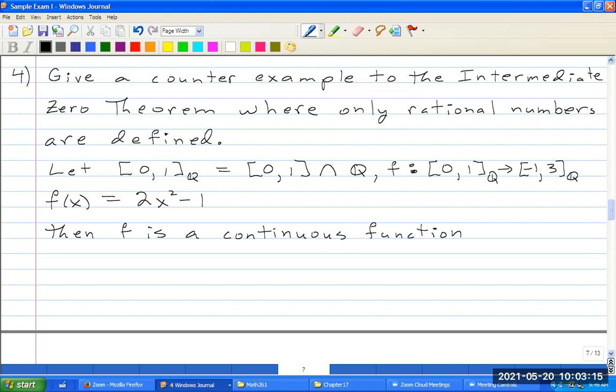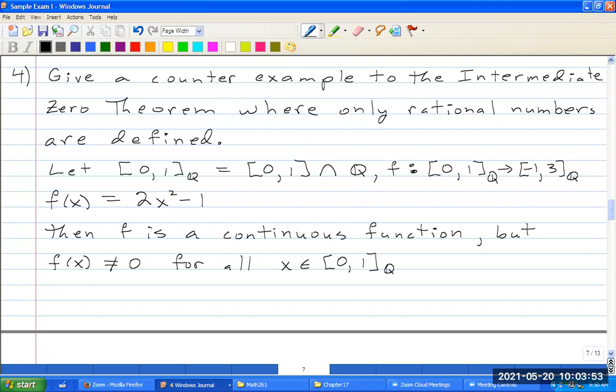However, this function is never zero. f of x is not equal to 0 for all x in this closed interval. It's 0 at 1 over radical 2, but of course 1 over radical 2 is not a rational number.